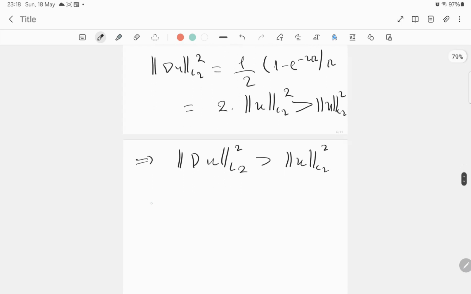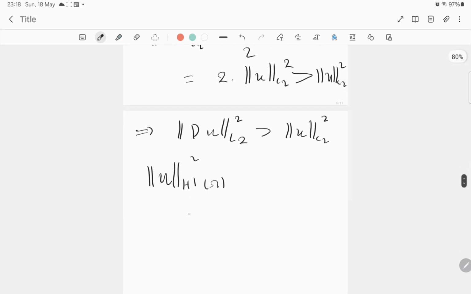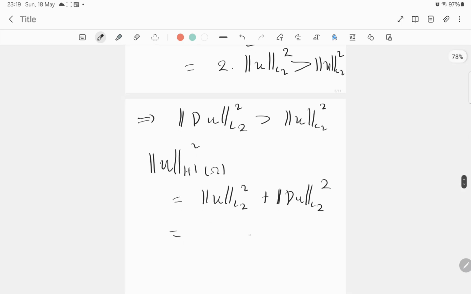And then I want to calculate the Sobolev norm. The norm of u in H1 of omega squared is going to be the norm of u in L2 squared, plus the norm of the gradient of u in L2 squared.